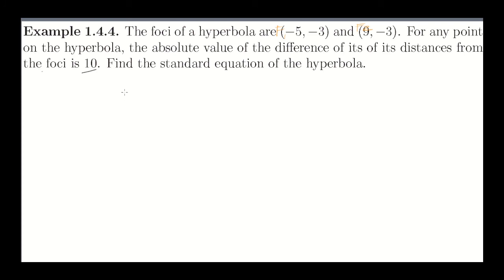So we know that 2a is equal to the constant, which is 10. So a is equal to, we divide by 2, 5. Okay, so now we have a equals 5. So we can just plot that one.